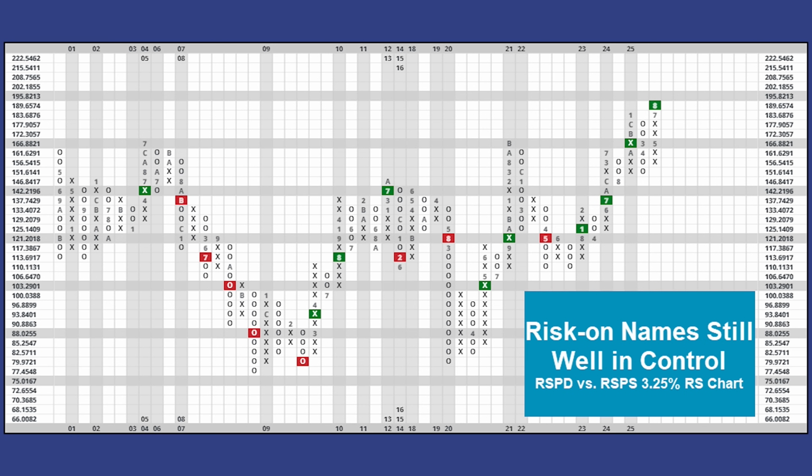O's are defensive on this chart. Notice, even though there has been some back and forth, each time we've seen higher lows in the chart, showing that each movement in staples has been a little weaker than the previous one.